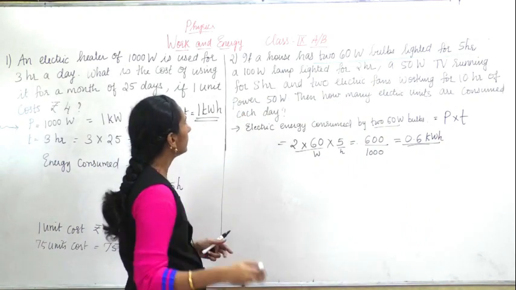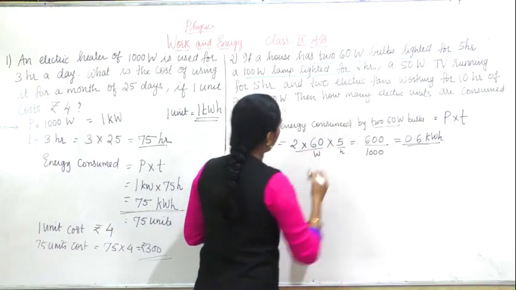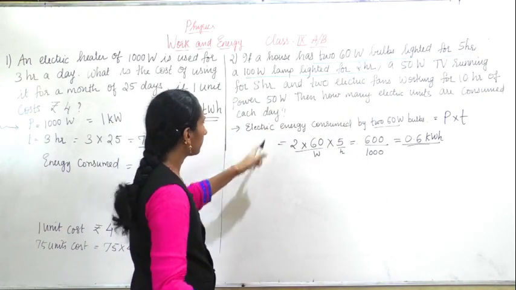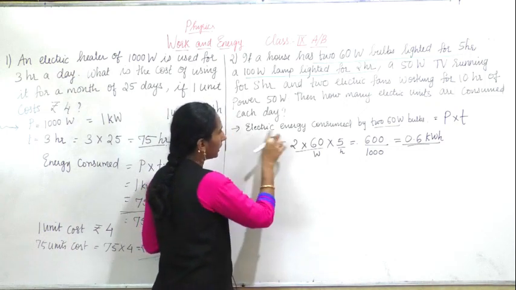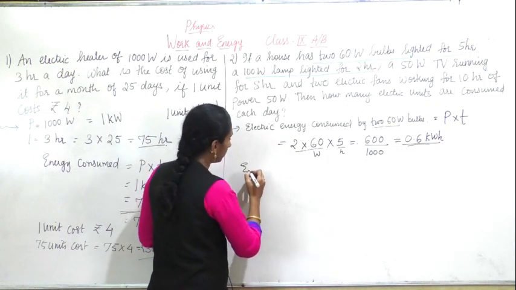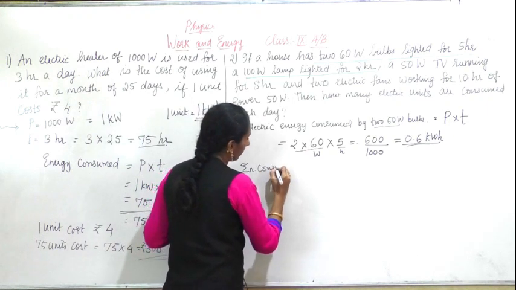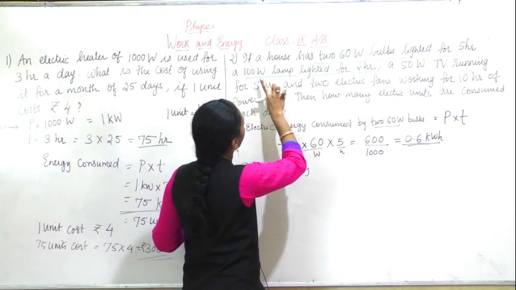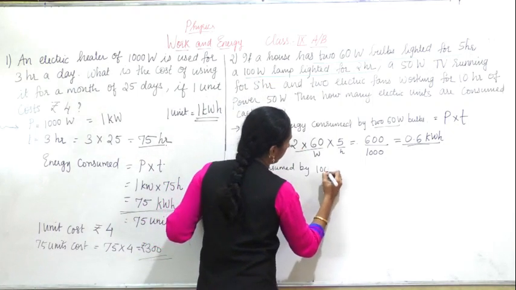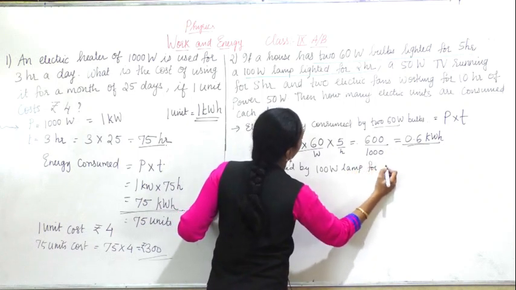Now for the second, see what is given: 100 watt lamp lighted for 2 hours. Same statement you will write. Now I will go with shortcuts to save time. Energy consumed by how much? Here only one lamp is there, so by a 100 watt lamp for 2 hours.